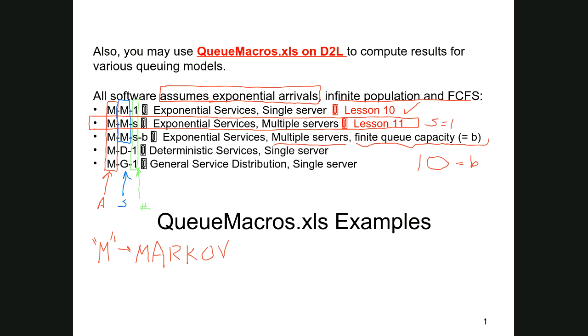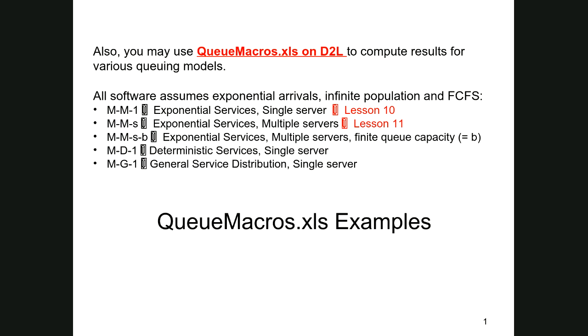And then the last two that we'll talk about that are available are deterministic services. What does that mean? Deterministic means there is a fixed service time, but there's only one server. In other words, it's a mechanical process where every customer has the same service and exactly the same service time, but the customer arrivals are exponential.